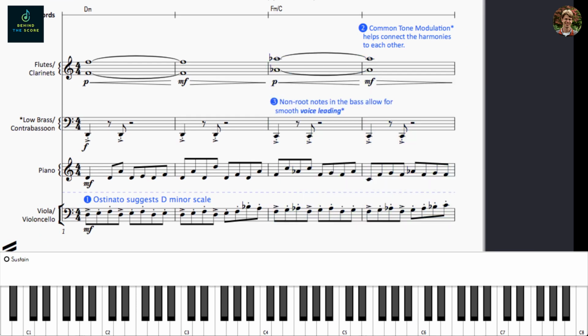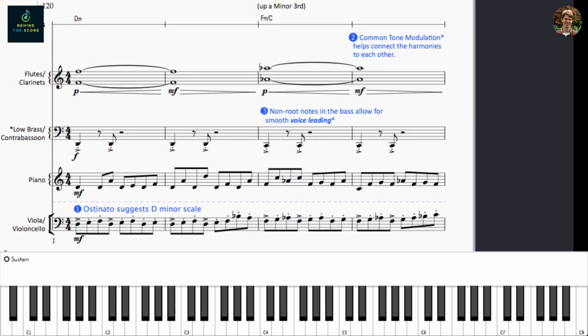So the notes D and F are a third away from each other. Specifically, they're a minor third away. On the piano, it's a distance of 3 half steps. So we can say that we're modulating by thirds. We're modulating from the key of D up a third to the key of F minor over here.